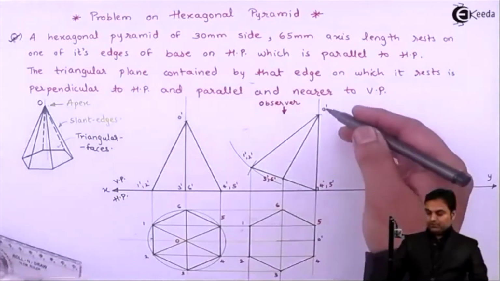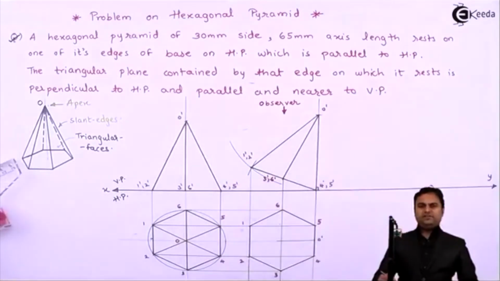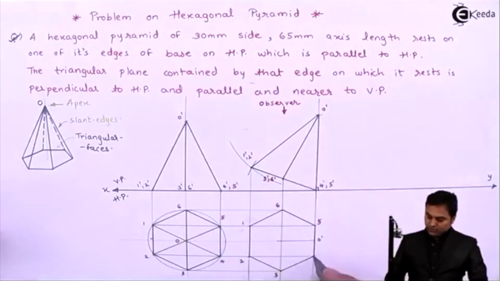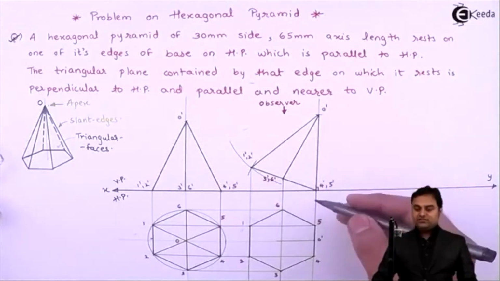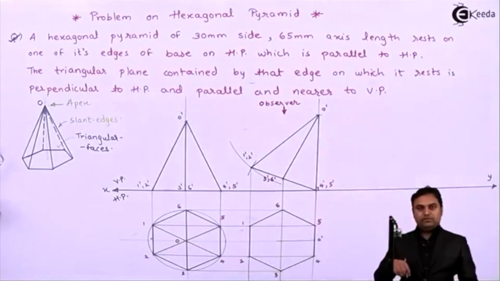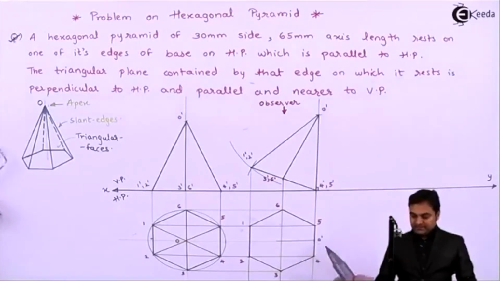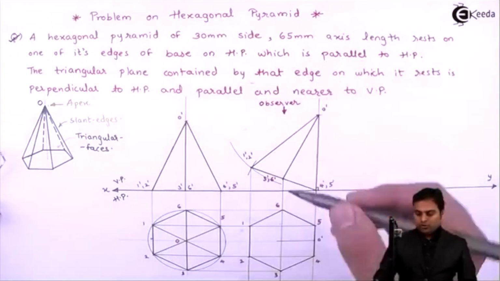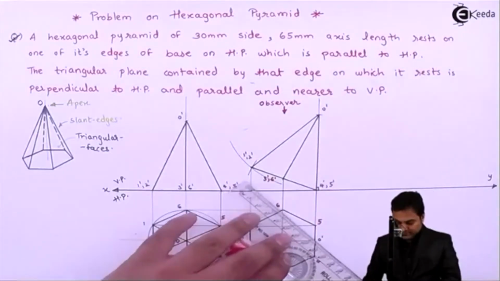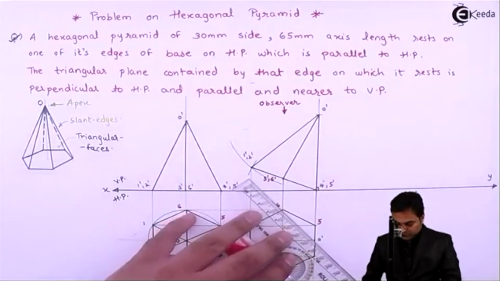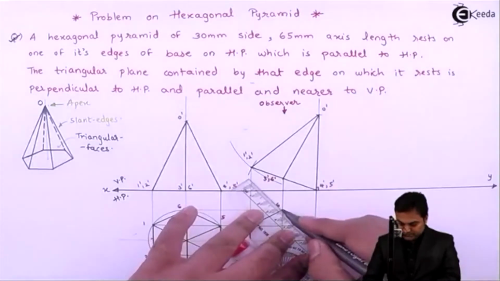After this, since all the edges are connected to the apex, we can join them, and here this triangular face O dash 4 dash 5 dash appears as a single line in the top view, and here is the apex. So if I am looking from top, all the edges are visible. So here I'll connect them, that is O up to 6 is visible.